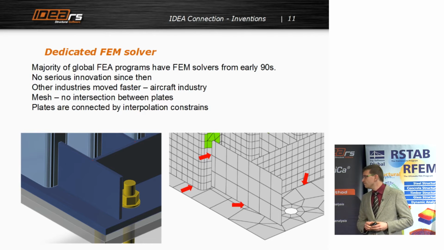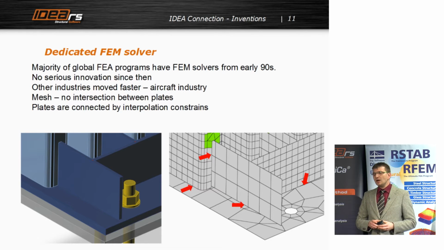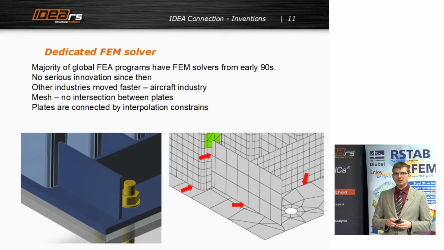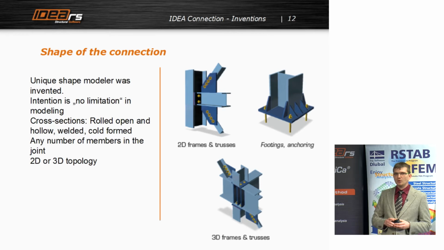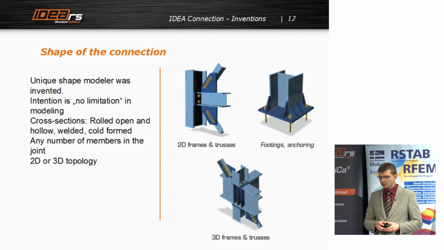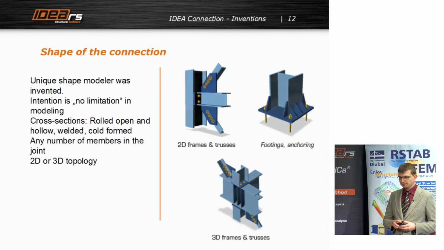It brings a really big advantage of simplification of the mesh, and also clear results for the welds which connect these plates together. Next, I would like to mention the shape modeler. As you see, we are able to model any topology. There is no limitation in the number of members, in the type of connections, and of course, in the cross-section types.